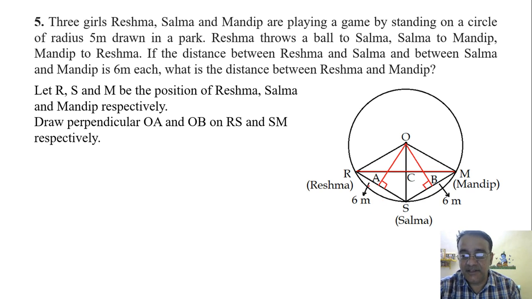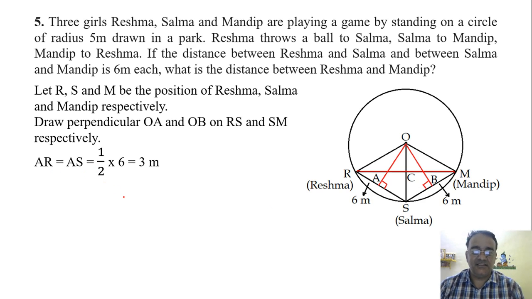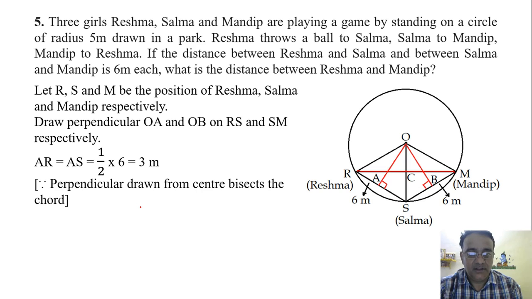Not centimeter, meter. So AR is equal to AS is equal to half into 6, that is 3 meter. Why? Because a perpendicular from the center to a chord bisects the chord. Right. Now, similarly, BM is equal to BS, also 3 meter.